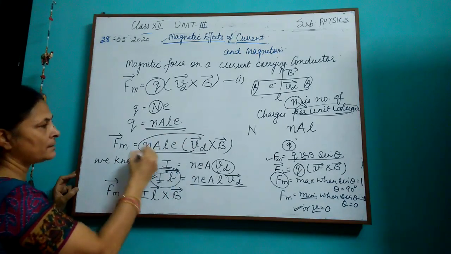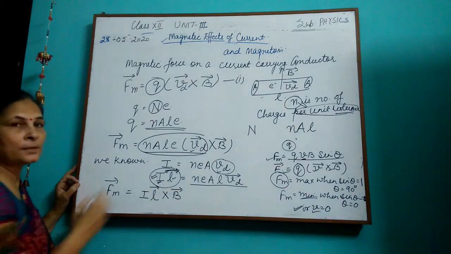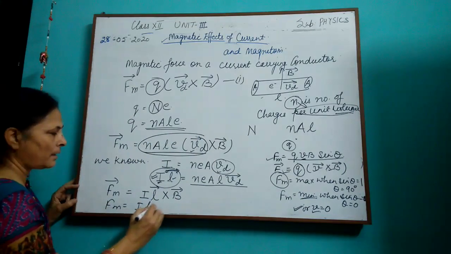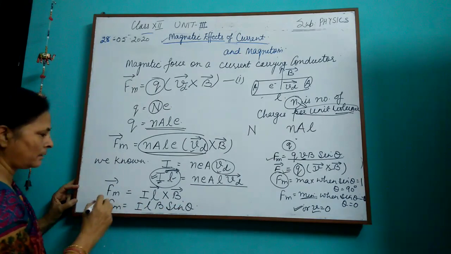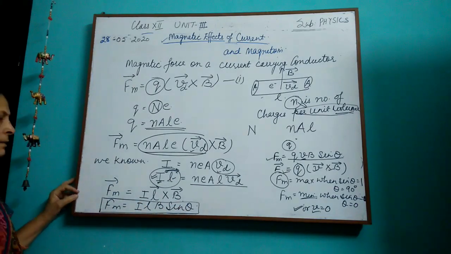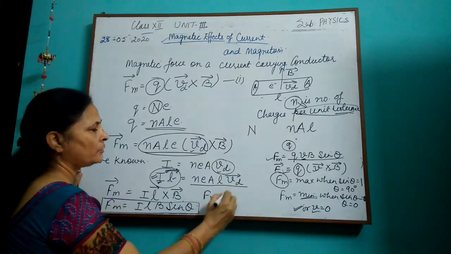This much can be written as I L cross B. So Fm is equal to ILB sine theta. And simply, if theta is 90 degrees, at maximum force, Fm will be equal to BIL.